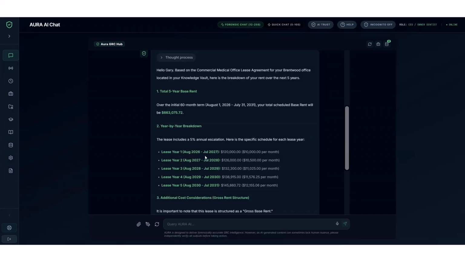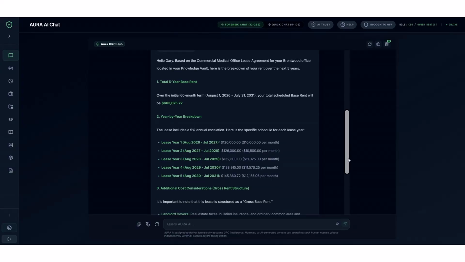So you're looking at, hey, this is how much I'm spending at year 1, year 2, 3, 4, 5. It actually was smart enough to say, oh, I saw in the lease that your lease increases with a 5% annual escalation, and it did that calculation for you automatically. So, that's some of the capabilities of its, quote unquote, brain and deep analysis of these documents.